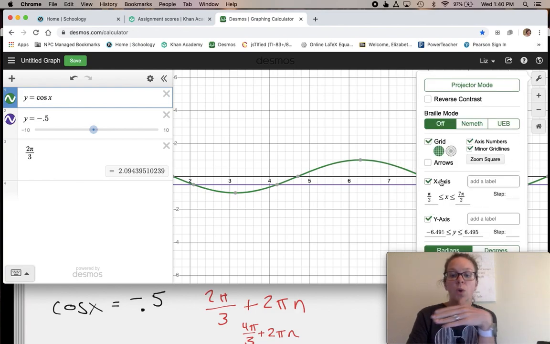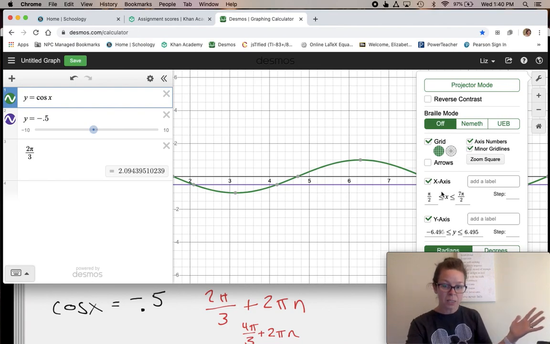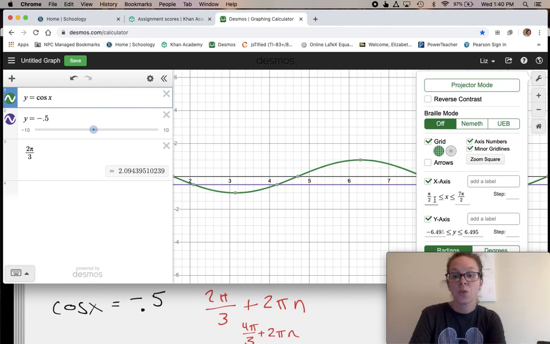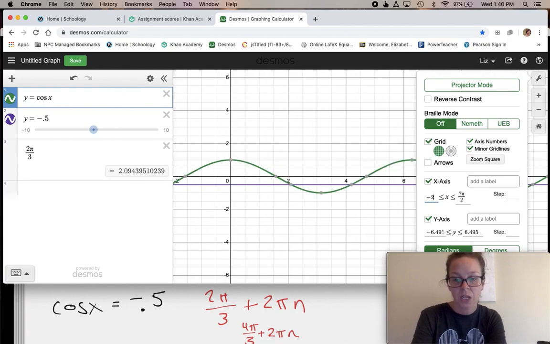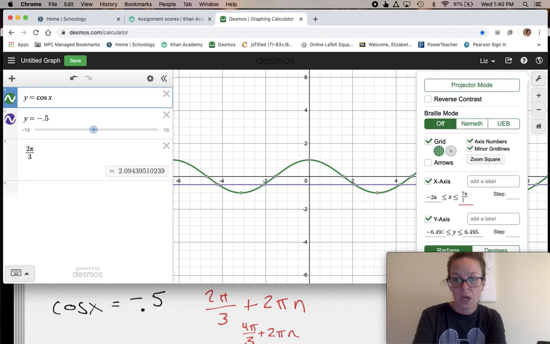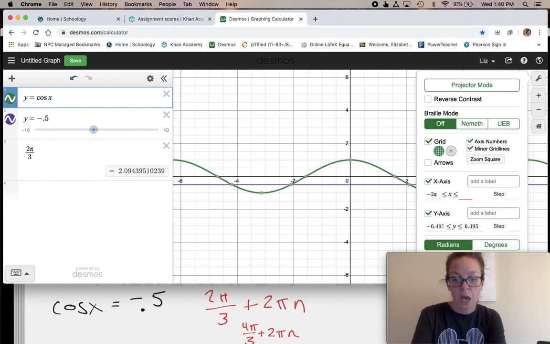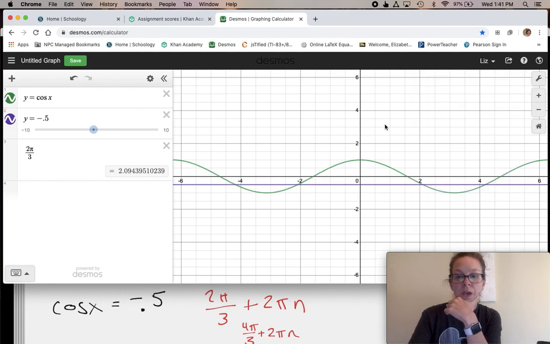If we're going for all possible values, then in radians, I would set it to probably negative 2 pi, which is good enough, on up to 2 pi. And then you're going to find your answers.